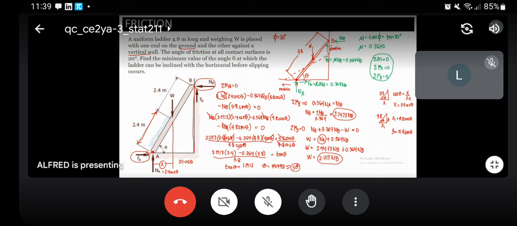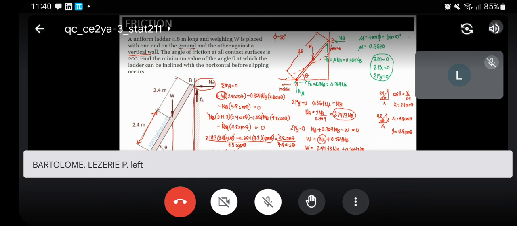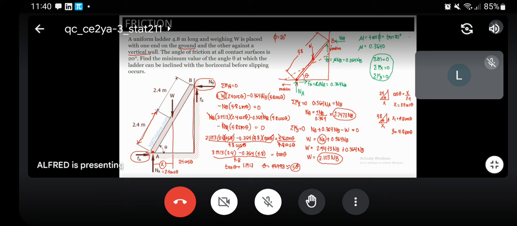So medyo mahaba ng konti, no? Pag binigay sa board exam yan, kaya ng sagutan? Tanong, yes or no? So medyo komplikado. No?